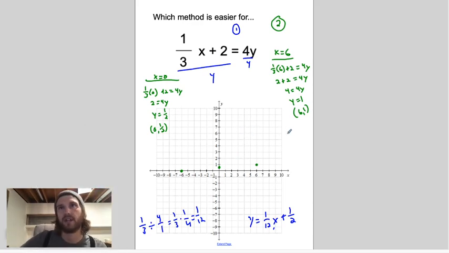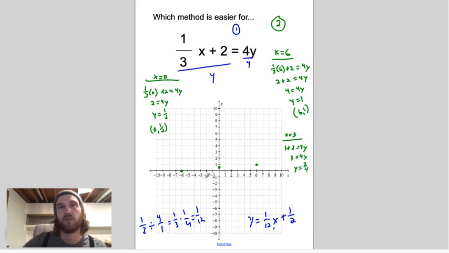And just for kicks and giggles, let's plug in x equals 3. If you plug in x equals 3 here, you'll get 1/3 of 3 is 1, so you'll get 1 plus 2 equals 4y. 3 equals 4y, so y equals 3/4.